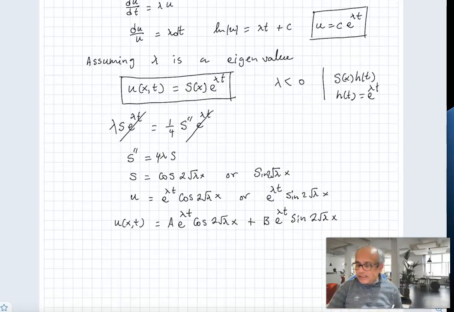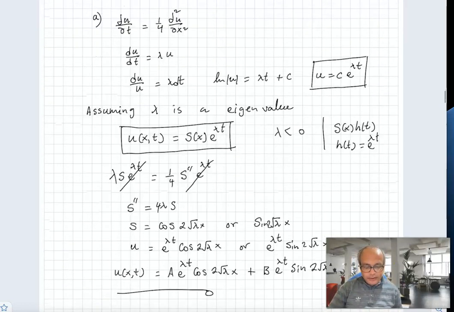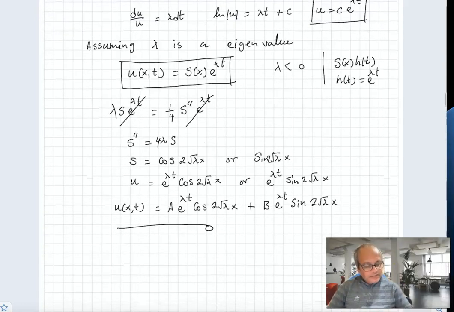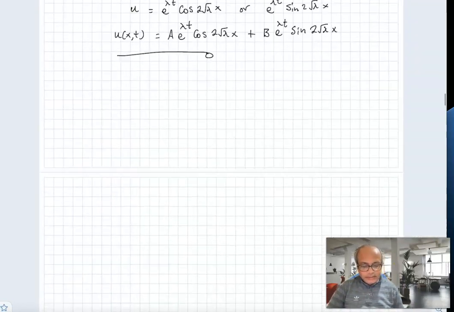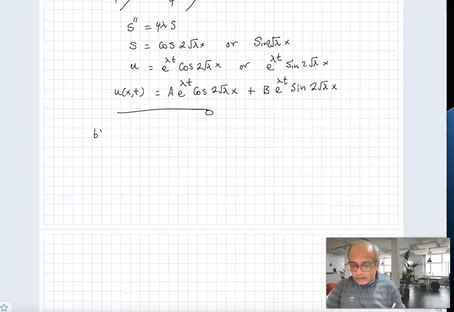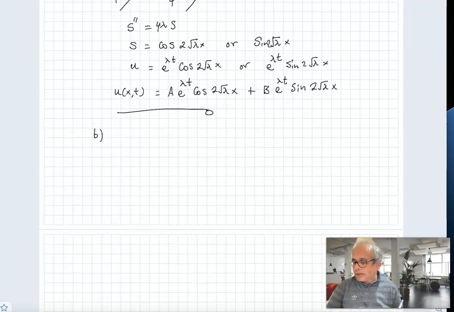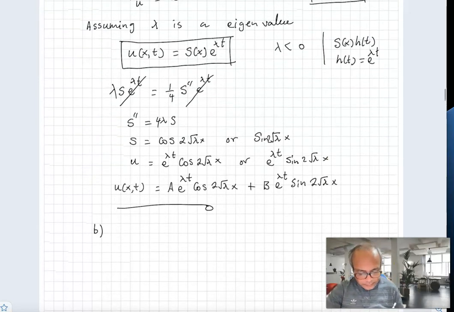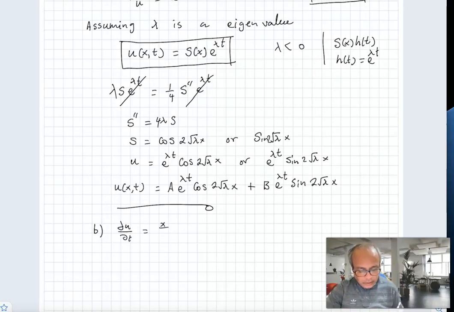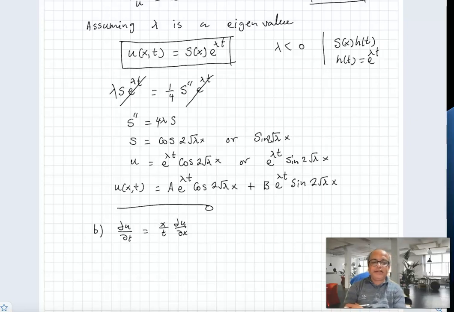Okay, so let's come back to the second example. Let's bring the second example here, which is du/dt equals x du/dx. So this is a first order homogeneous linear differential equation.